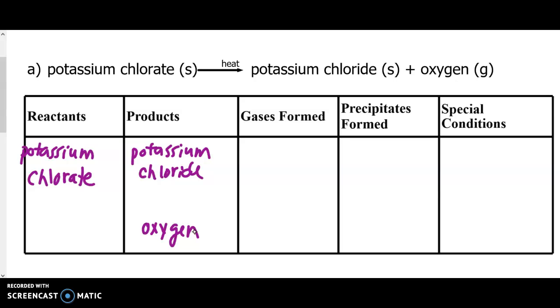In this case, there's only one gas formed. I can tell because of the state in brackets. So I'll write that here. Yes, oxygen is formed. There are no precipitates formed in this example. And in terms of special conditions, that's always written on the arrow. So heat was required in order to get this reaction going. So that's our special condition.